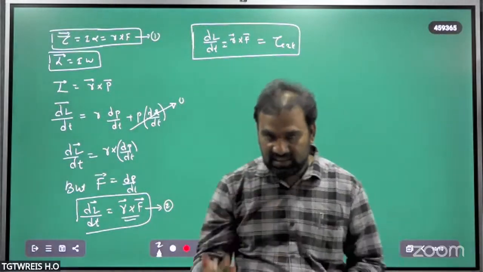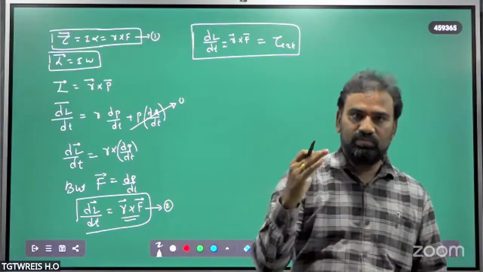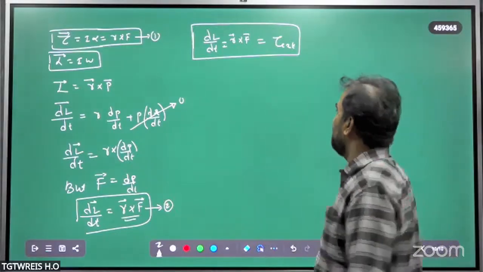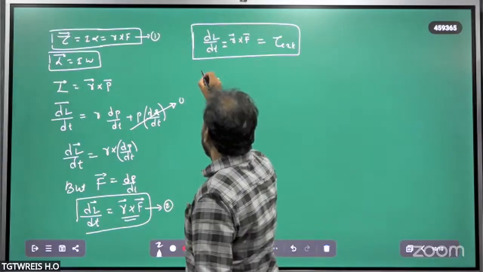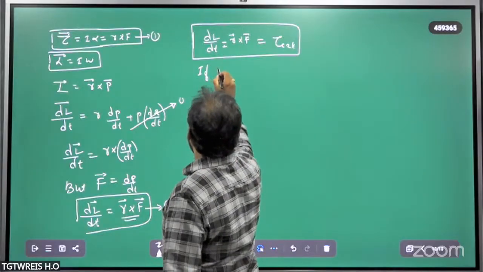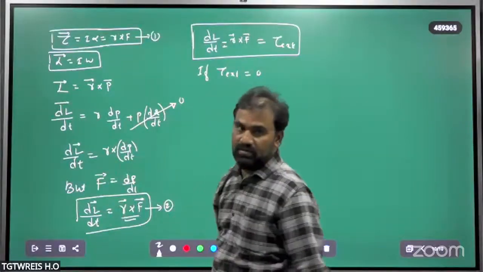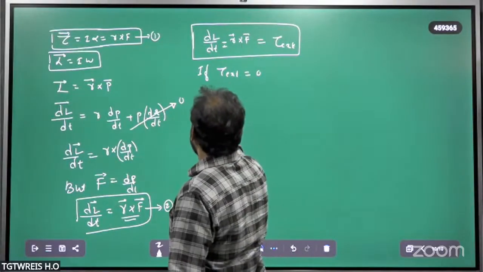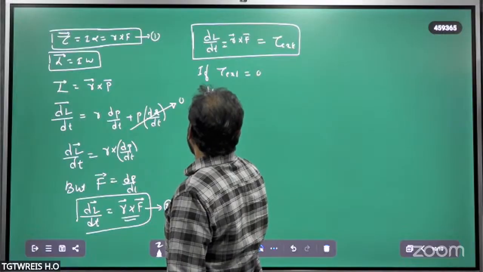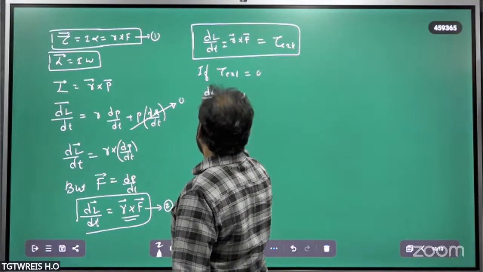Suppose the external torque acting on an object is 0. Then what happens to the angular momentum? If the external torque is 0, then dL upon dt is equal to 0.